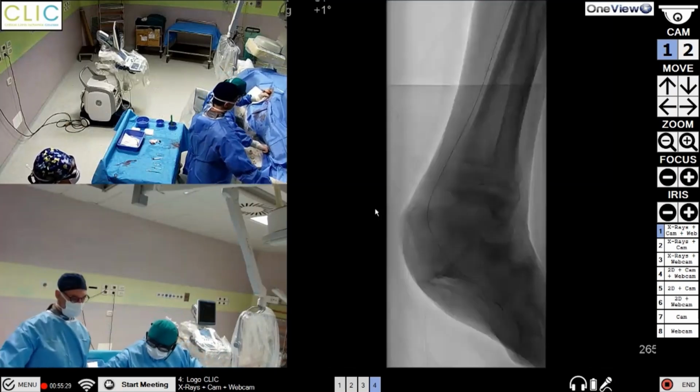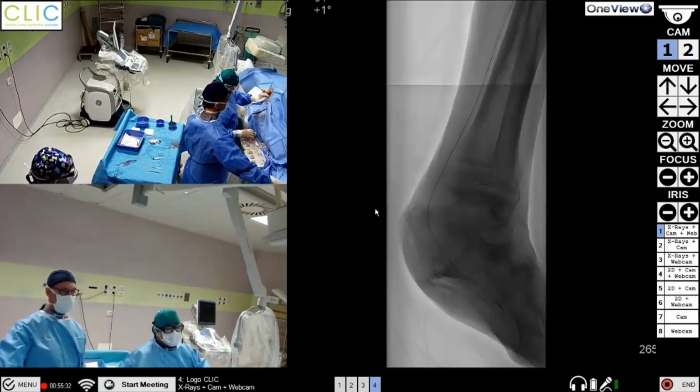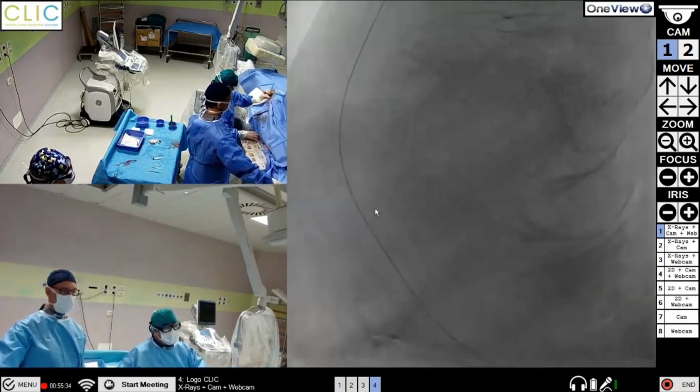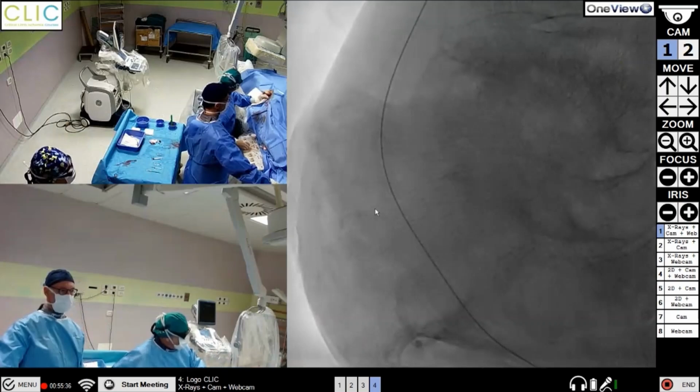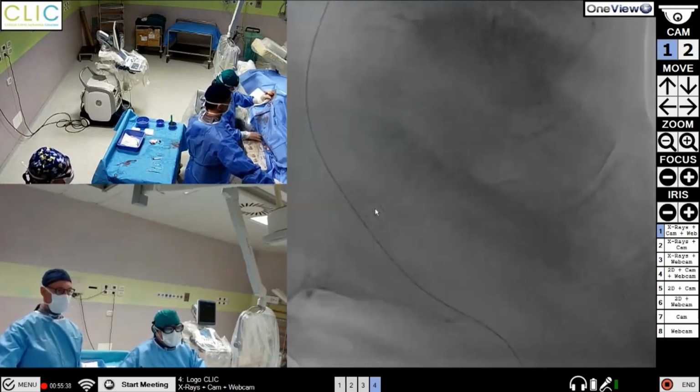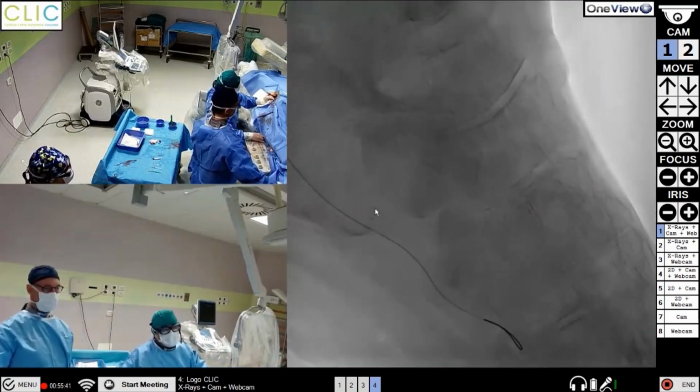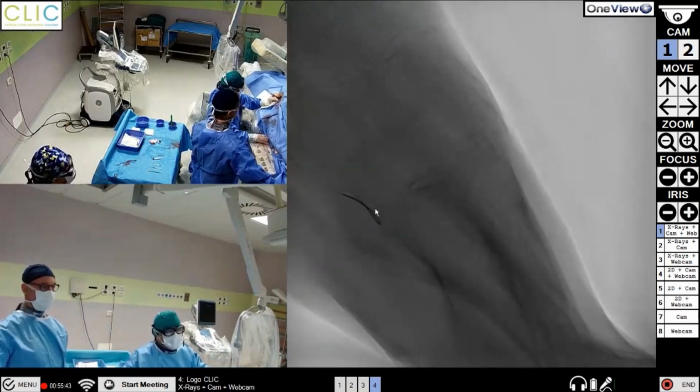I can do a magnification of the foot. You can see the severe lesion in the calcaneal area, and we have a gangrene of the forefoot too.